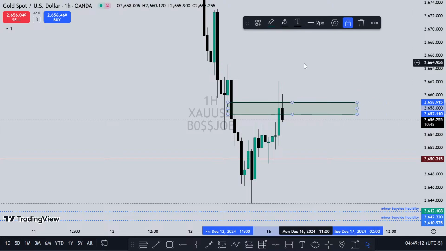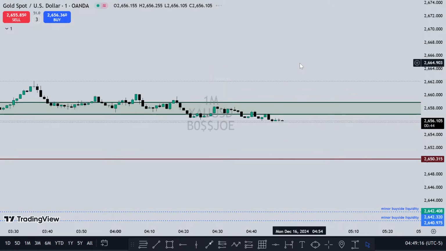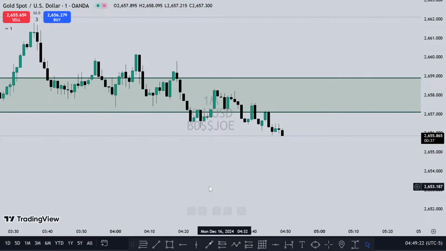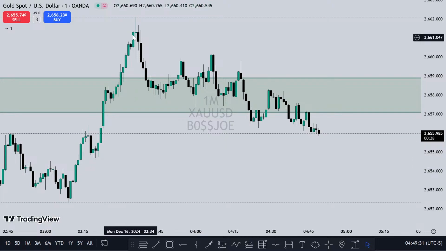So once you see this, what do you do? You head over to the 1 minute time frame. What are you looking at? You are looking at breaking market structures. As you can see, prior to it entering the fair value gap, there has been movement, retracement, movement.